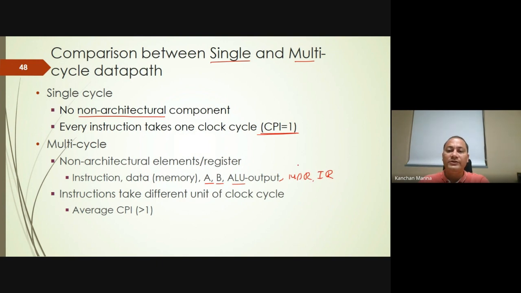Why have we incorporated these? To reduce the delay. If you remember the D flip-flop things, to reduce the clock period we incorporated these temporary or non-architectural elements. And here the CPI would be more than 1, because LW is taking 5 clock cycles and SW is taking 4 clock cycles, so the average CPI will be more than 1.